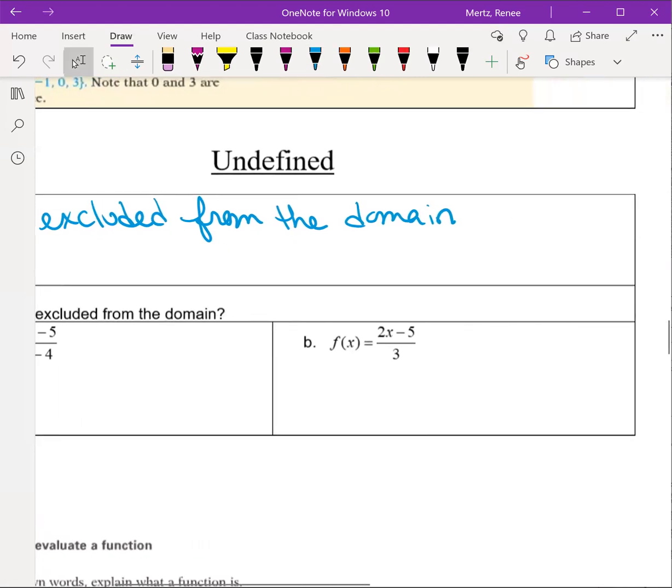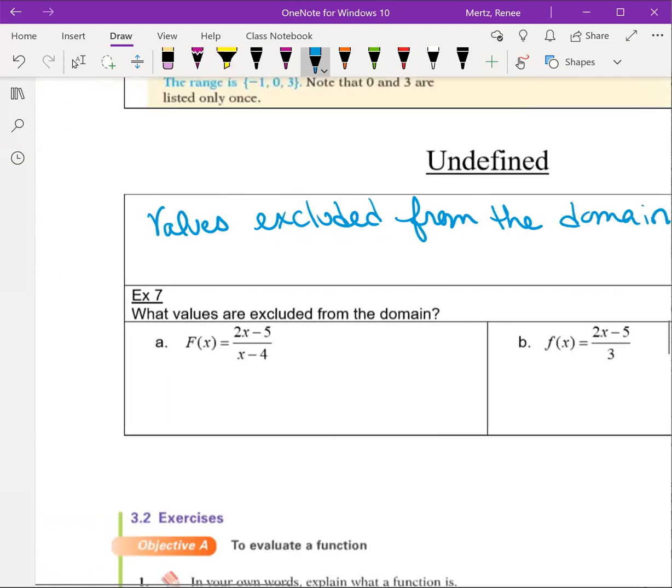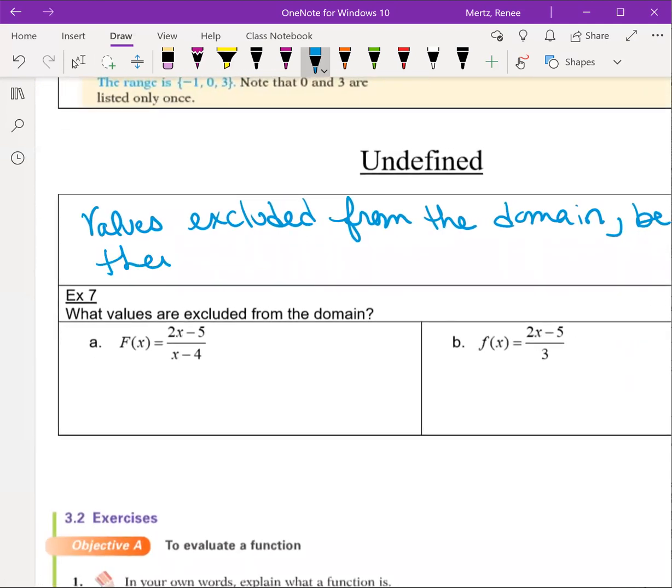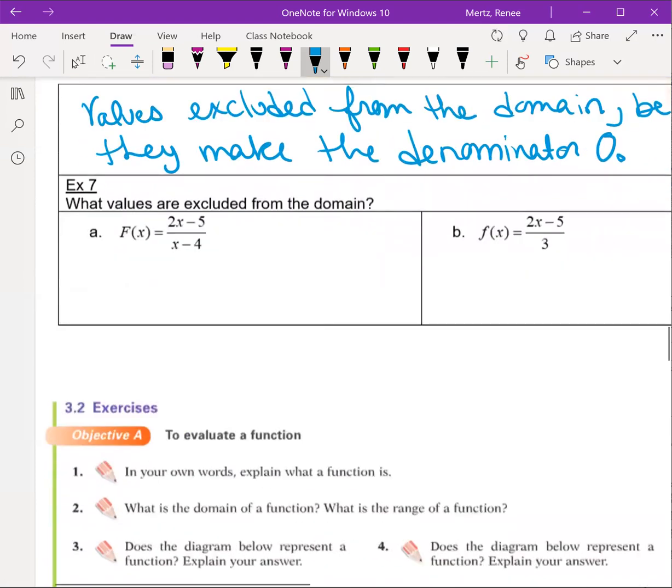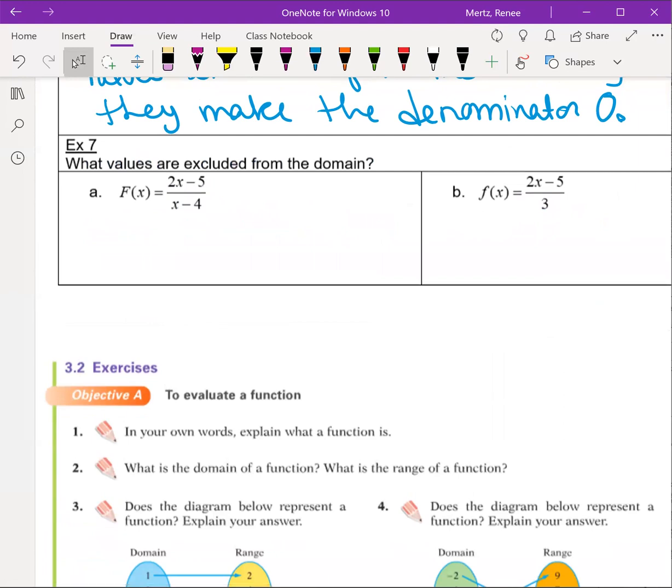Because they make the denominator 0. So everything works for the domain except the values that make the denominator 0. So this takes a little bit of practice.